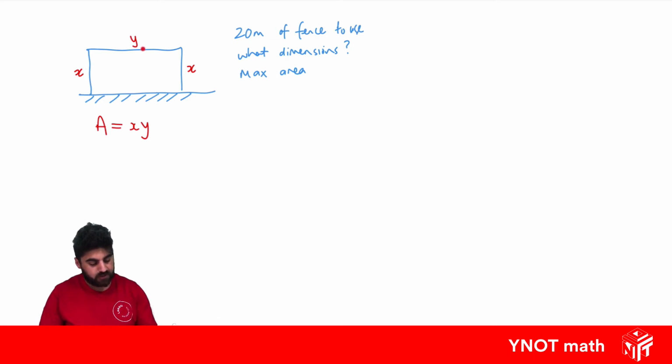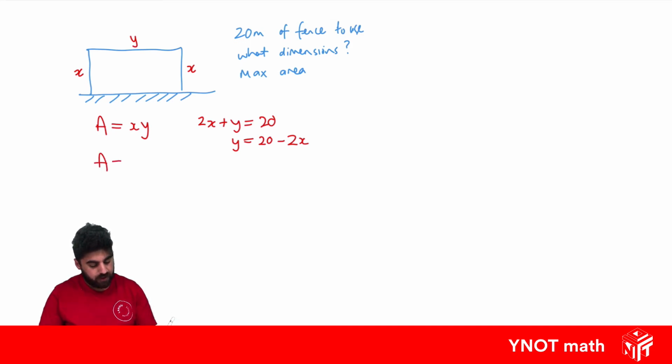So that means all of these sides added together would be 20. So we'd have 2x plus y equals 20. And if we make y the subject, we can just minus 2x from both sides, and we'd get y equals 20 minus 2x.